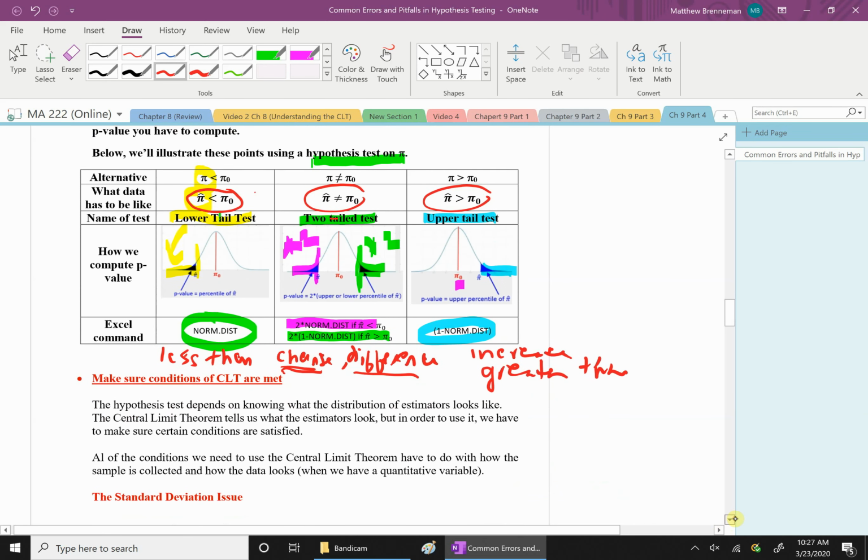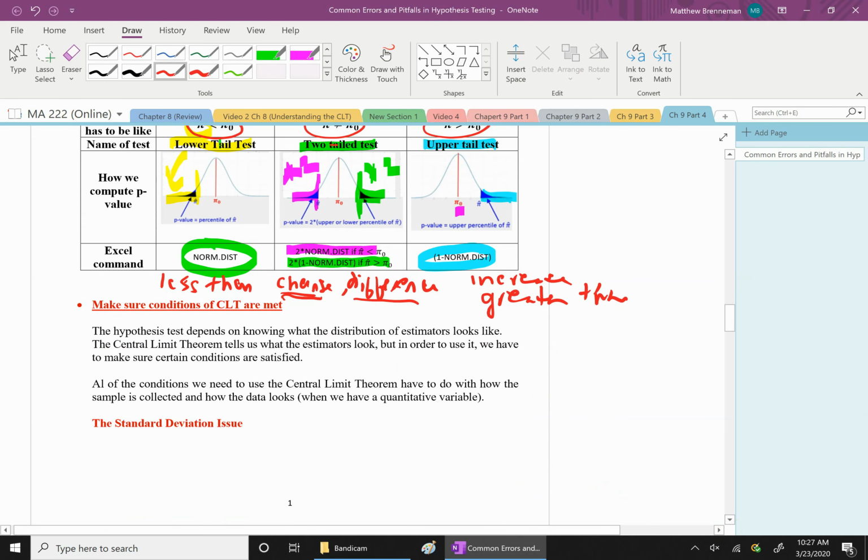The second thing you have to be careful about is you have to make sure that the conditions for the central limit theorem are met. So you should go back to the book and make sure that you know what the conditions for the central limit theorem are, right? So you have to have a random sample, right? It has to be large enough, but not too large. Okay, large enough, that's what this means right here, but not too large.